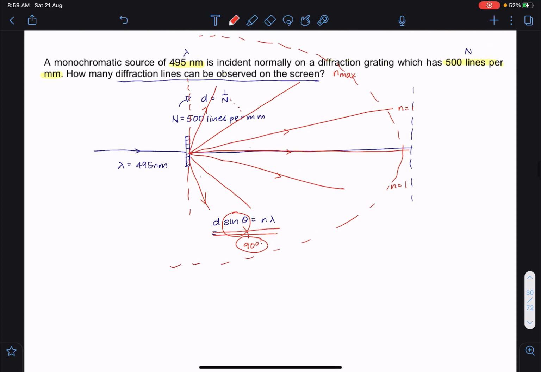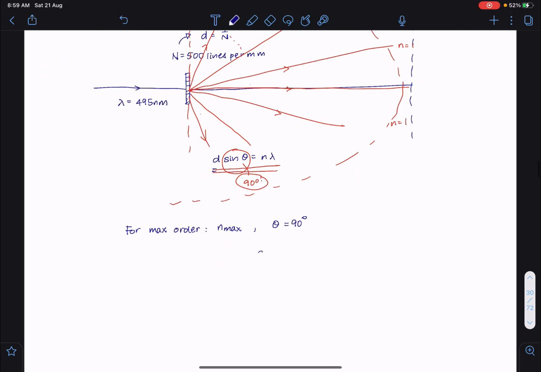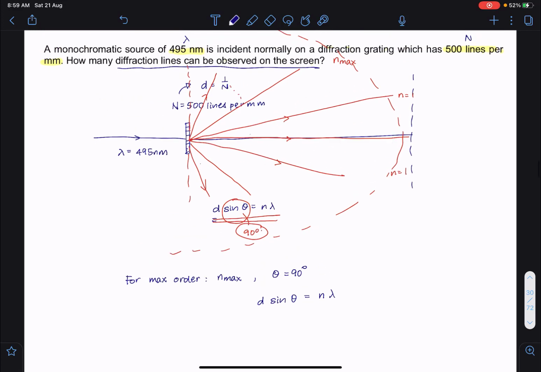So this is what we are going to do. For maximum order, I'm going to call it n max, then theta is actually 90 degrees. So substituting that into d sine theta equals n lambda. Remember, I need my d. And what is my value of d? My d is 500 lines per millimeter.